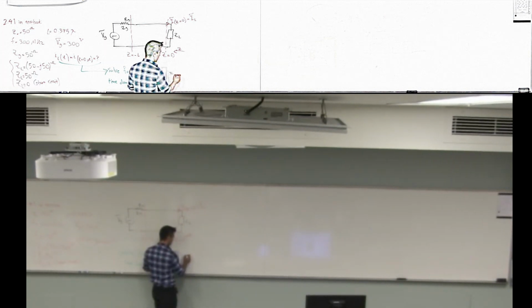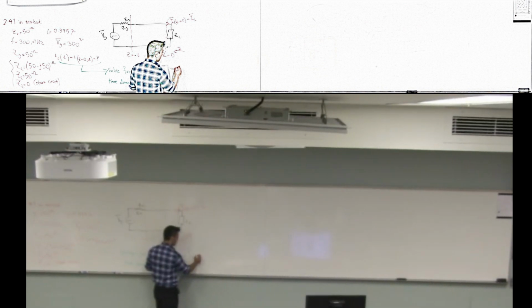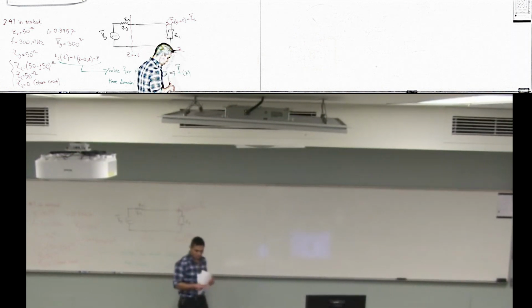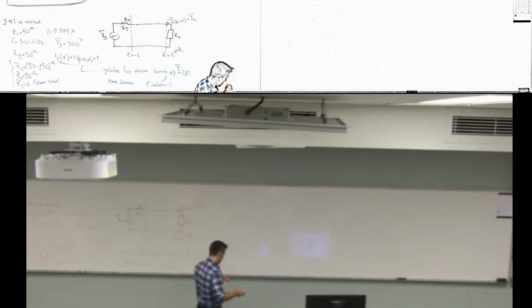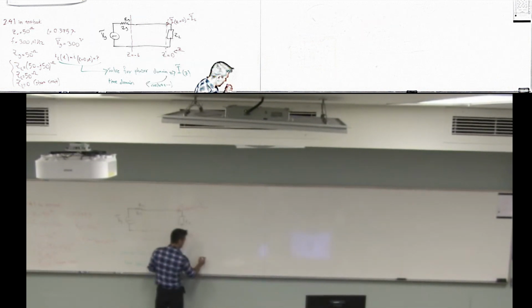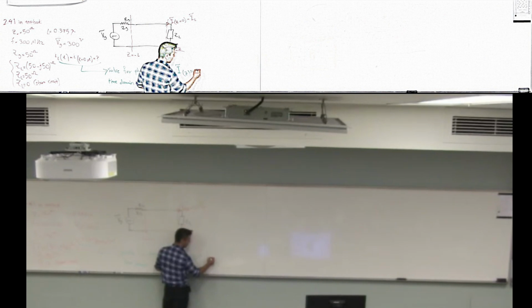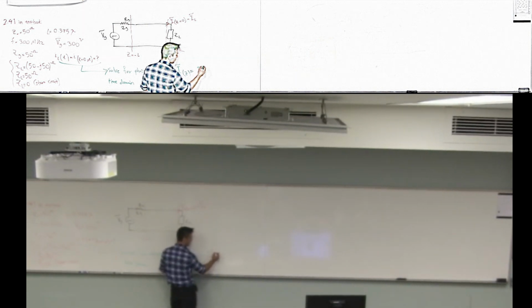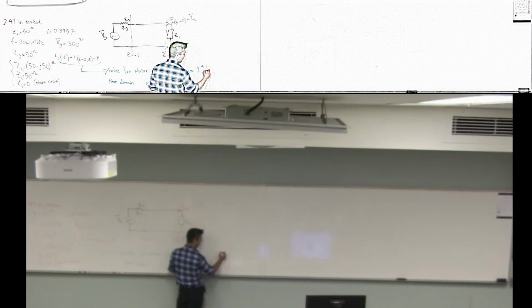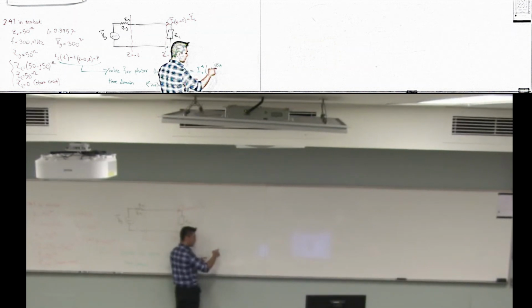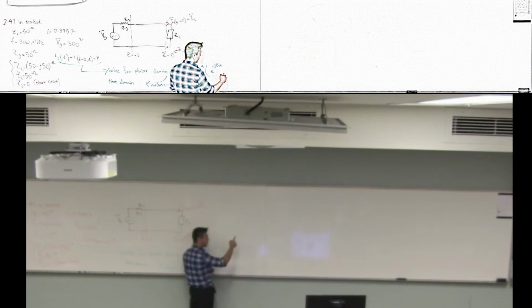So in the phasor domain, current is equal to I0 plus e to the minus j beta z. Since this is lossless, it is minus j beta z. If it was lossy, it was going to be gamma z.